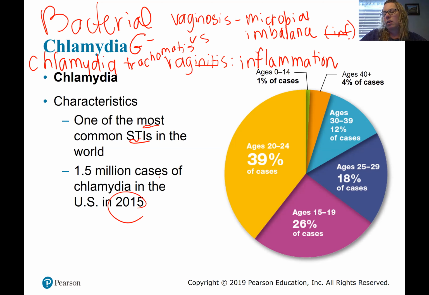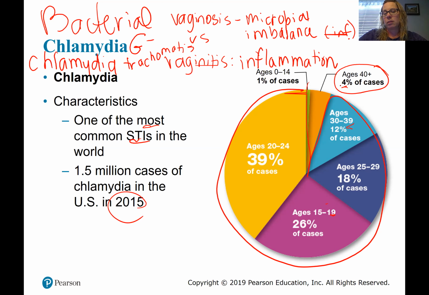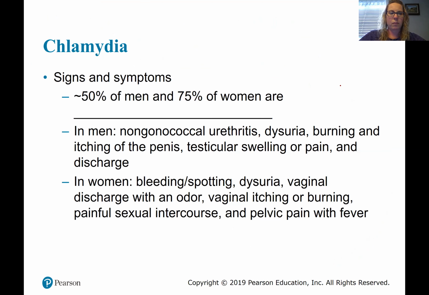And you'll notice with a lot of these, most of these cases of bacterial STIs are going to be those in the reproductive ages of basically 15 to 39. Okay, over 40, it's about 4% of the cases. Sort of like HPV, and you'll see a recurring theme here. Chlamydia, about half of men and 3/4 of women are asymptomatic.